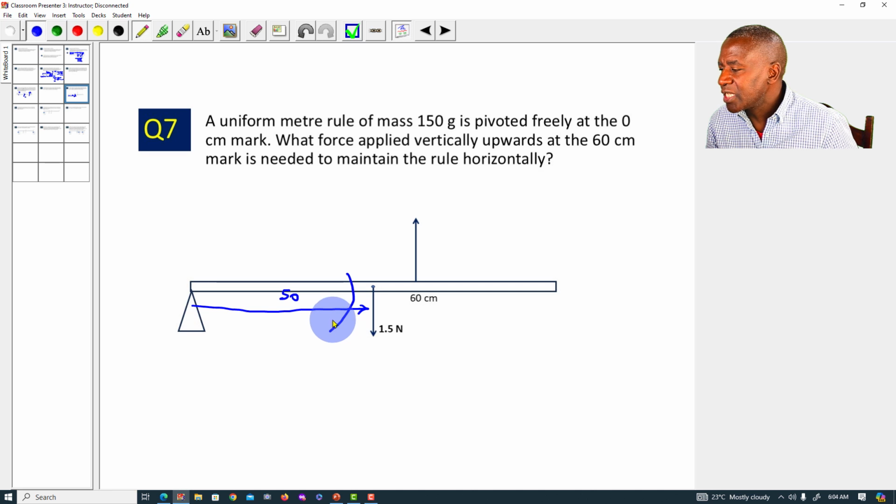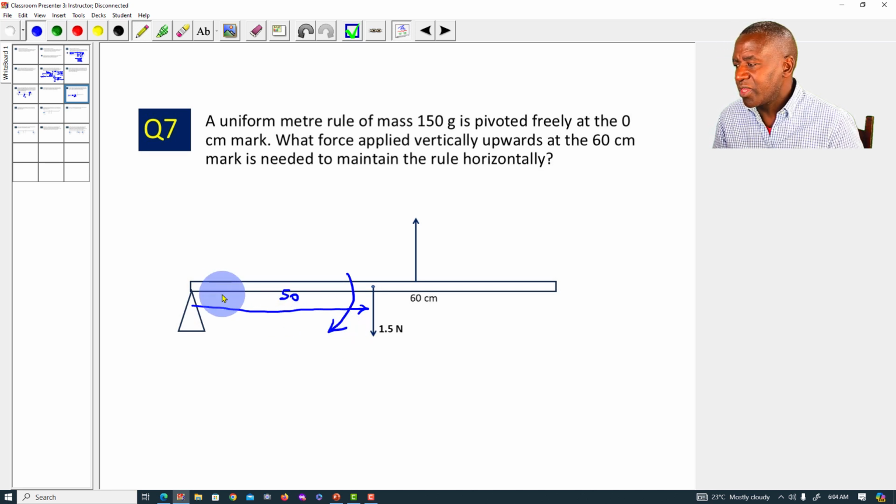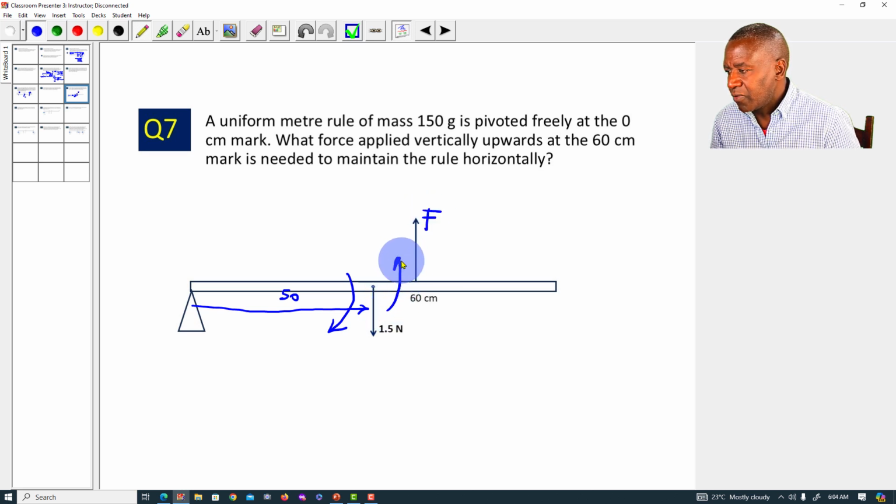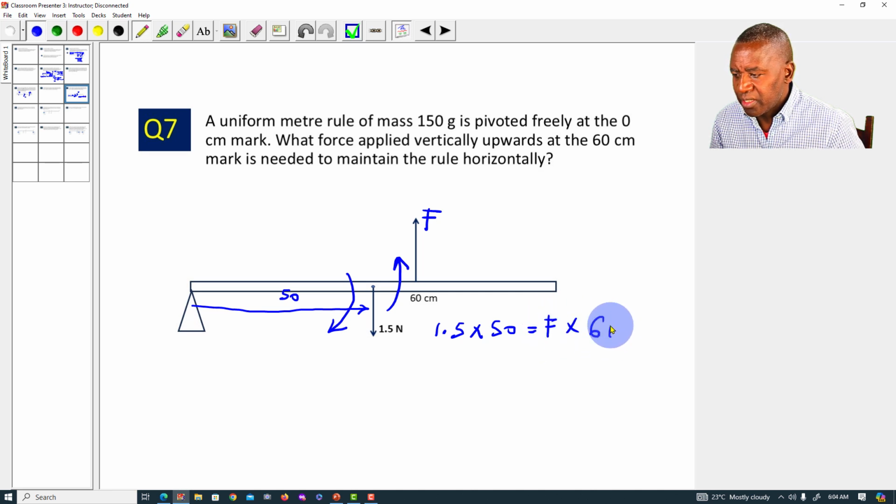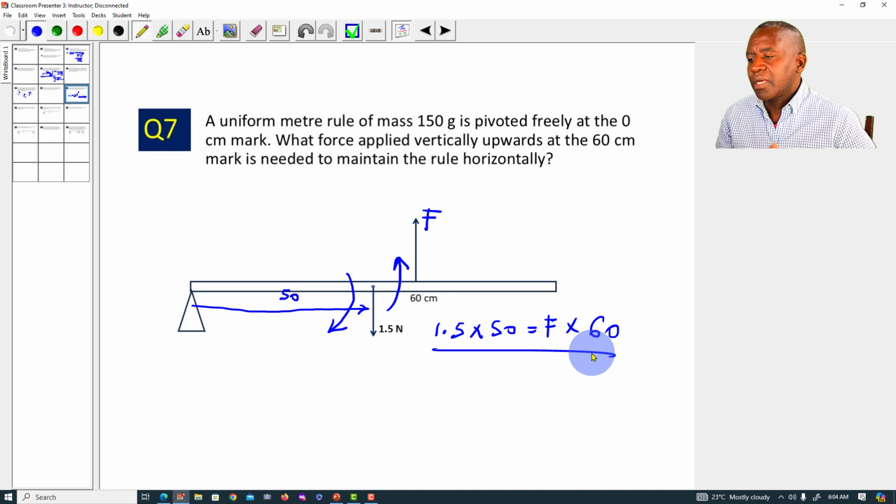So the weight tends to turn the system clockwise about this point, while the force F tends to turn the system anti-clockwise about the same point. So here we are going to have 1.5 times 50 equal to F times 60. Again, go ahead and work out the value of F.